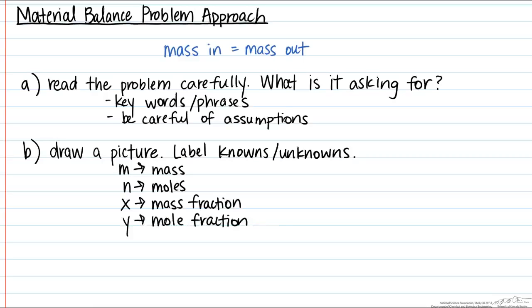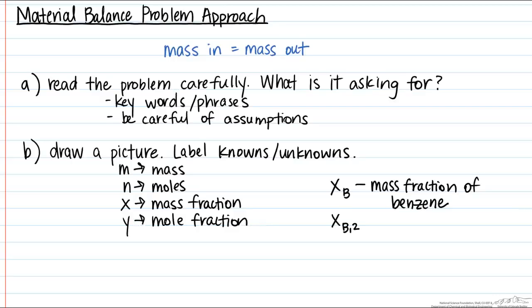If I'm looking for a particular mass fraction or mole fraction, I tend to label it with something that indicates the component. So for example, if I have a mass fraction of benzene, I'll call this X sub B. Finally, if there's more than one stream that has benzene, let's say there's benzene in stream 2 and in stream 4, I'll write X sub B2. The more organized you are, the easier it is for you to solve.